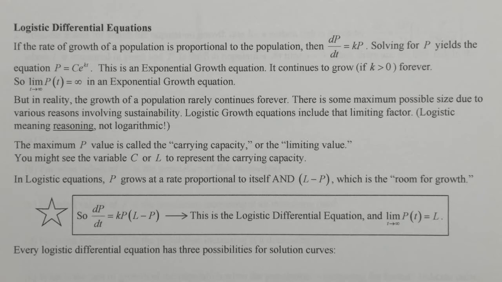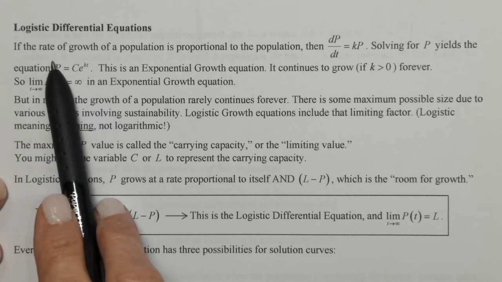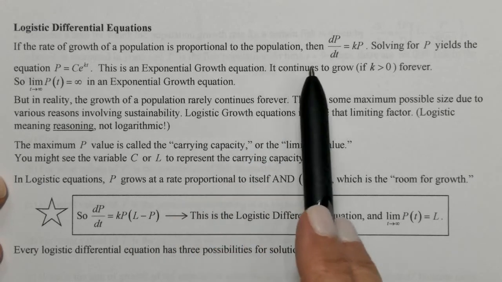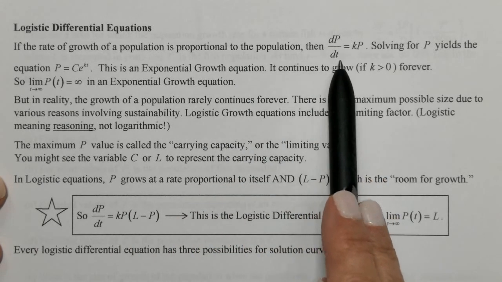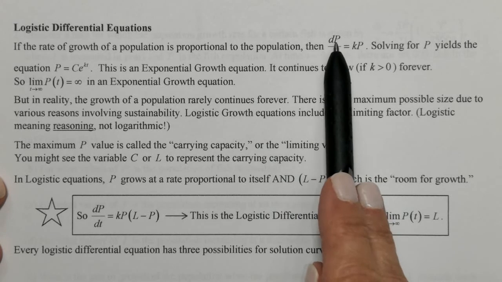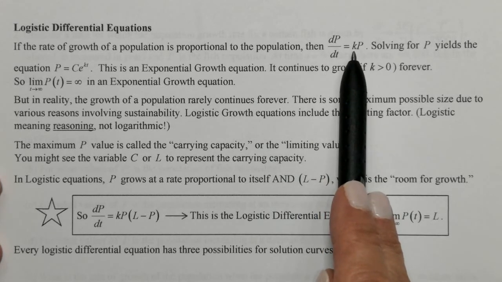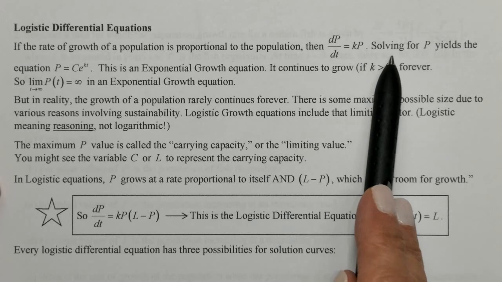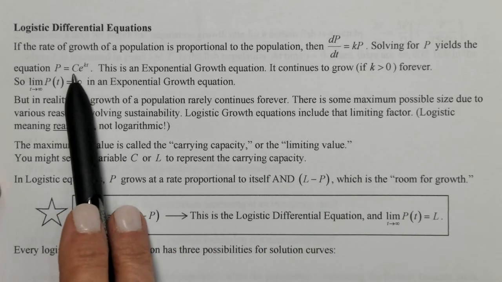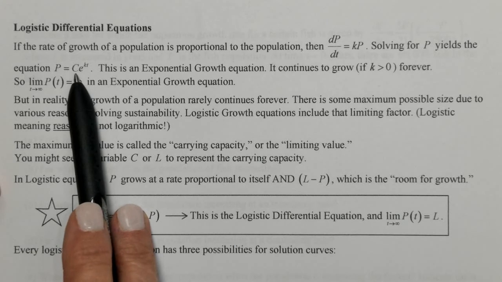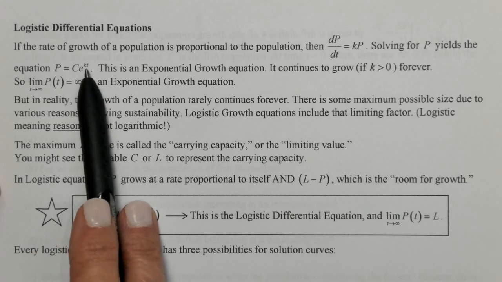So, touching back on that, if the rate of growth of a population is proportional to the population, we know that we can set up dP/dt equals k times the population, where k is our constant of proportionality. And if we solve for P, we would get P equals C e to the kt, where C is some constant and k is some constant.